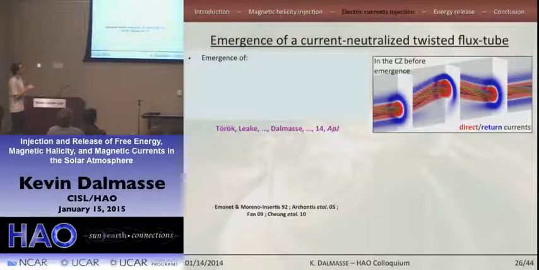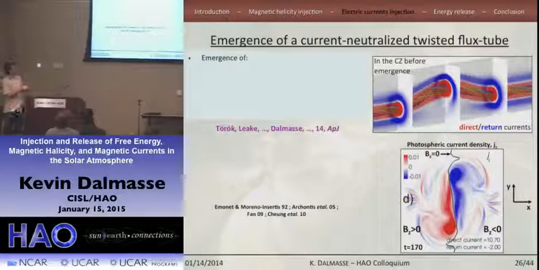We impose a density depletion in this region to make the twisted flux tube buoyant and to make it rise through the convection zone and emerge into the solar atmosphere of our numerical domain. And then we follow the properties of the photospheric electric currents during the emergence.